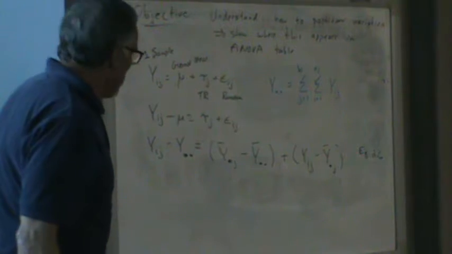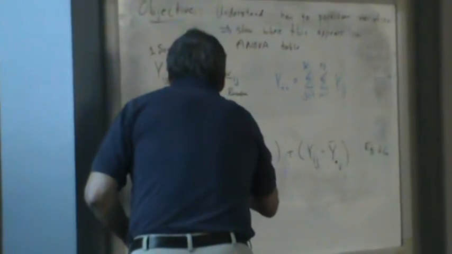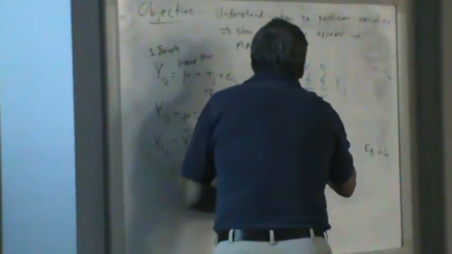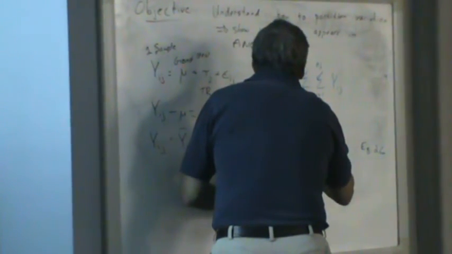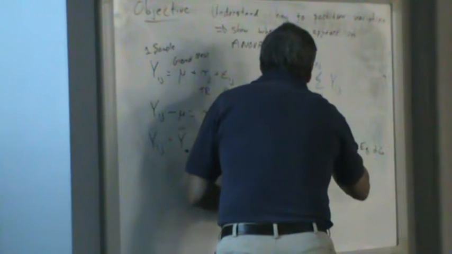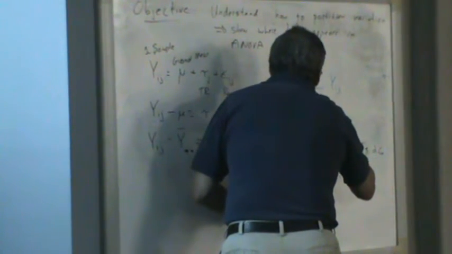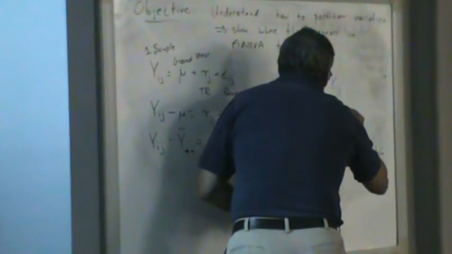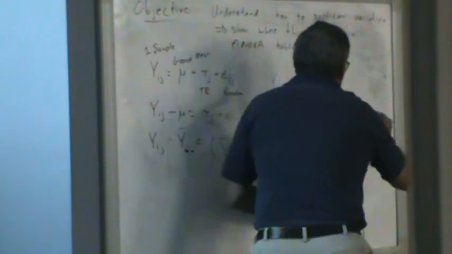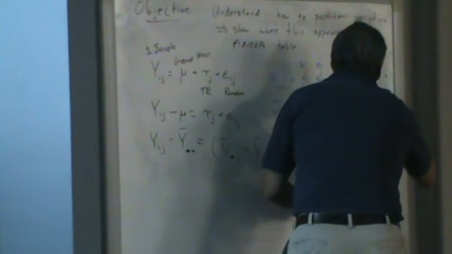Now what does the bar mean? It means you just made it a mean. You take 1 over big N of the double sum of y_ij, where the big N is the total number of data points.